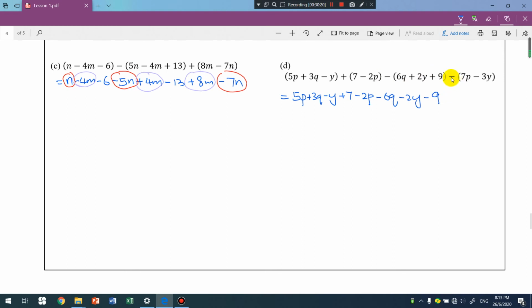Here, negative again, extra careful, negative, positive, negative. Okay. Now, group all the like terms together.